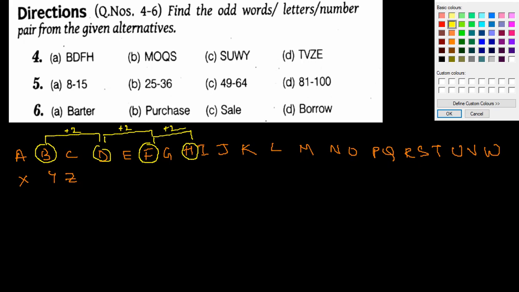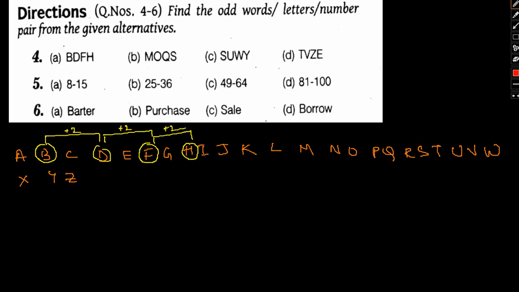Let's move to the second option. MO: M to O, plus 2. O to Q, again plus 2, and Q to S, again plus 2. Similar pattern has been followed.